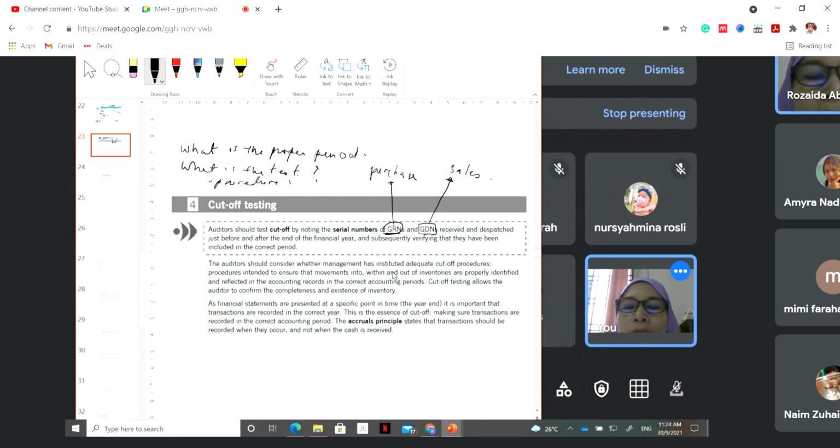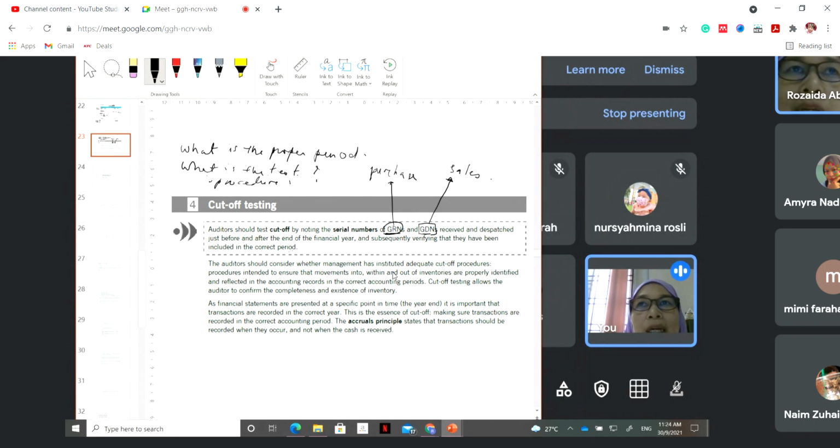So the auditor should test cut off by noting the serial number of GRN and GDN received and dispatched just before and after the end of the financial year, and subsequently verify that they have been included in the correct period. This is to avoid management manipulating the sales and purchase figures as well as the inventory figures.